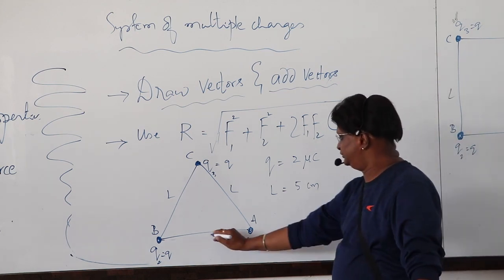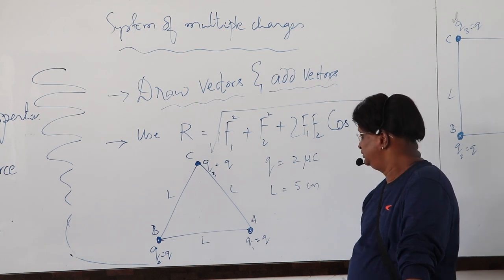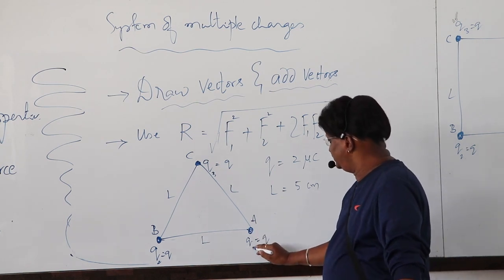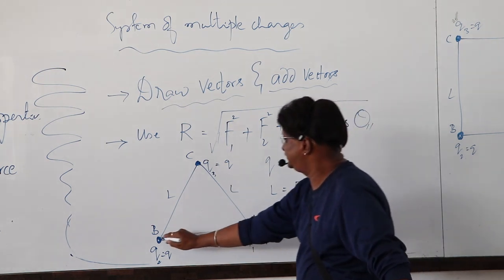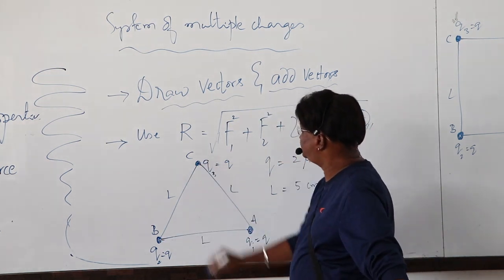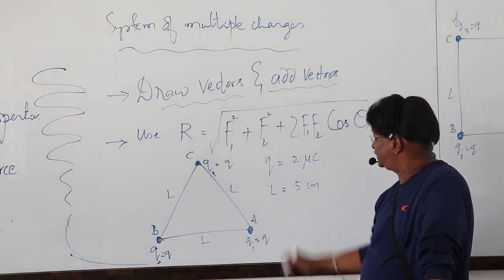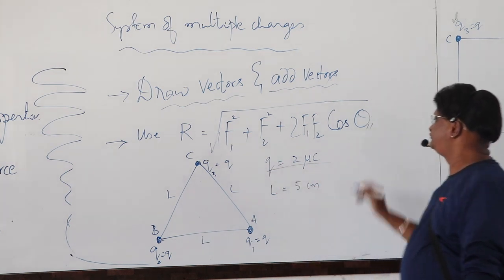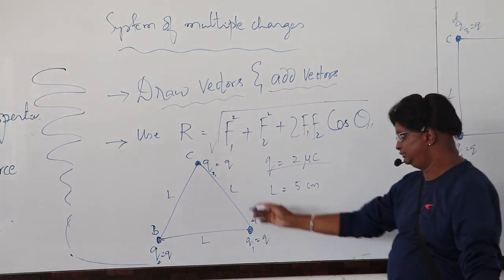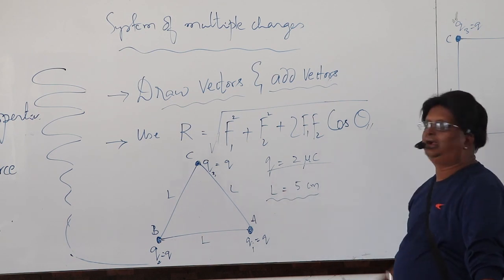Here I have shown a system of coplanar charges in which three charges Q1, Q2, Q3 are placed at the three corners, the vertices, of an equilateral triangle. To make it simple, I have taken all the charges as identical charges, each of 2 microcoulomb, and the distance between any two charges is taken as 5 centimeter.